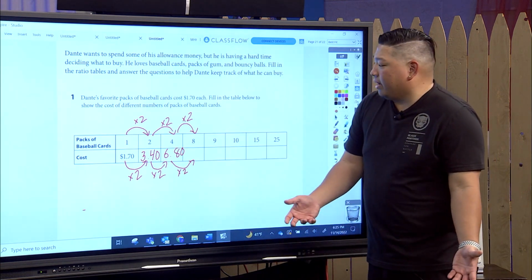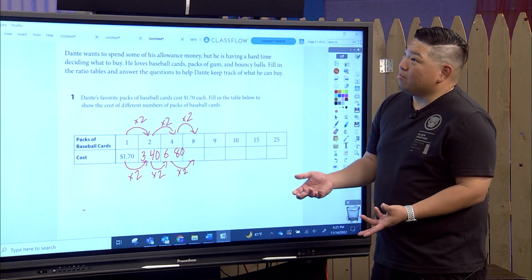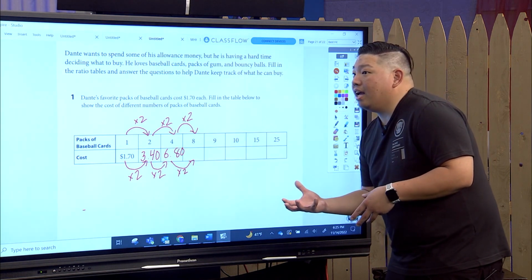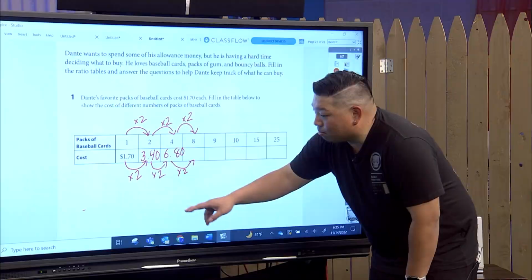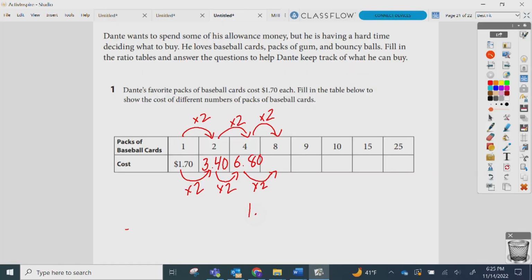We can try multiplying it too. $6.80 times 2 would be 80 cents times 2, and $6 times 2, right? If I take 80 cents and multiply it times 2, that's going to be $1.60. And if I take $6 and double it, that's $12. So then I would have $13.60.